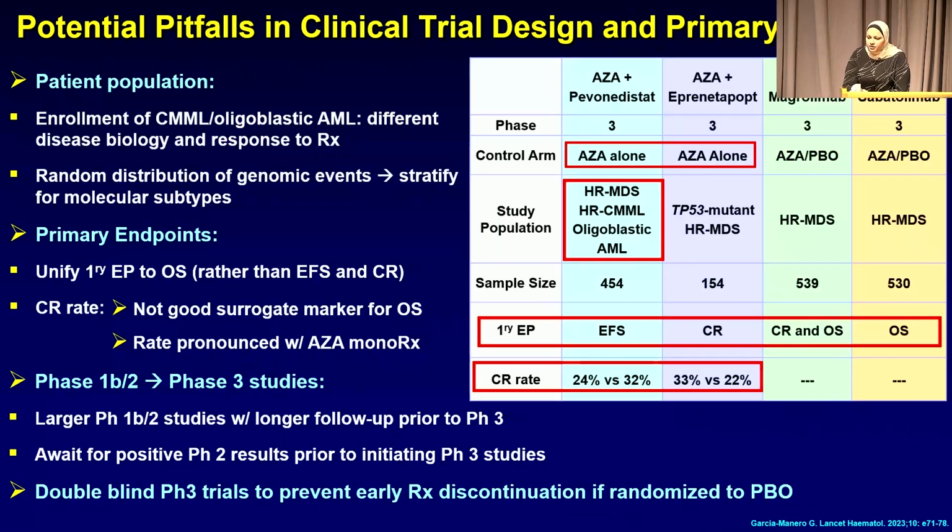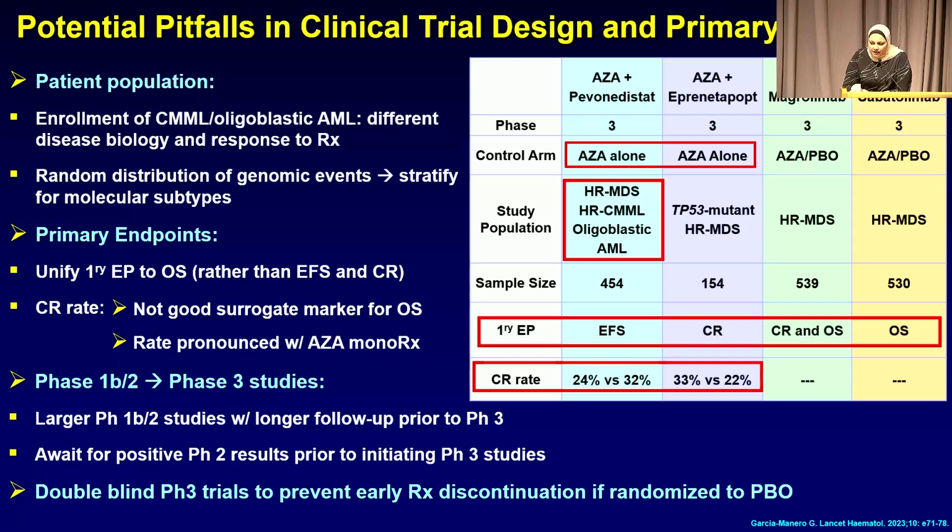In addition, there are some potential pitfalls in clinical trial design and primary endpoints which may have impacted the results of these studies, which include, for example, the enrollment of CMML and oligoblastic AML, which have different disease biology and response to therapy, the random distribution of genomic events without molecular stratification, which may impact outcomes if there's an imbalance in high-risk mutations, the lack of a unified primary endpoint of overall survival, and the use of surrogate endpoints such as CR rate, which is not a good surrogate marker for overall survival, and the CR rate with AZA monotherapy in these trials was much higher than that of historic data.